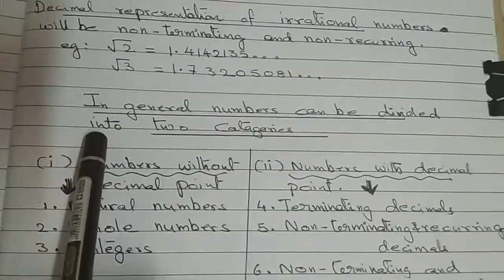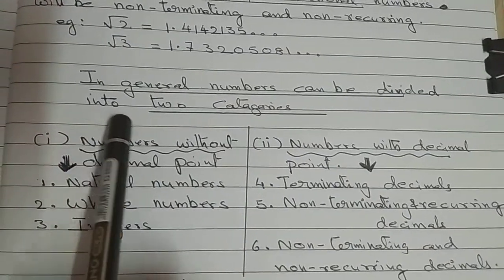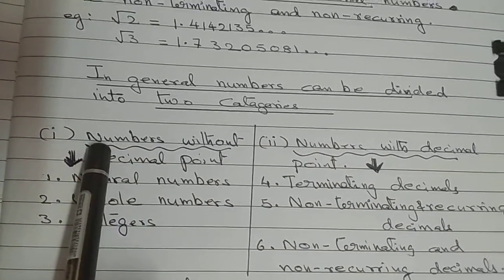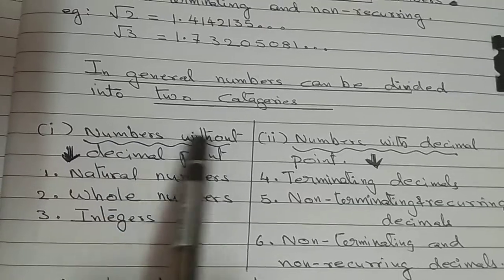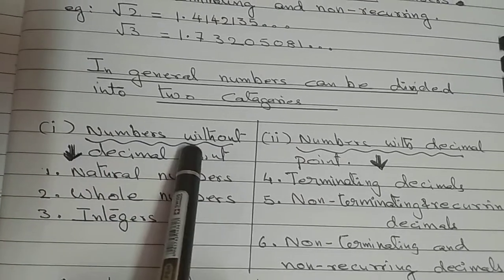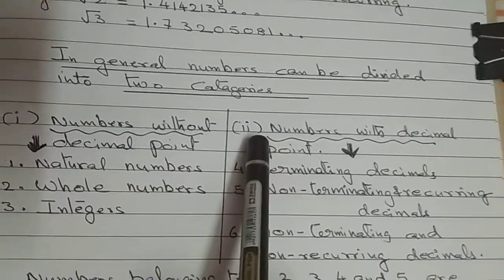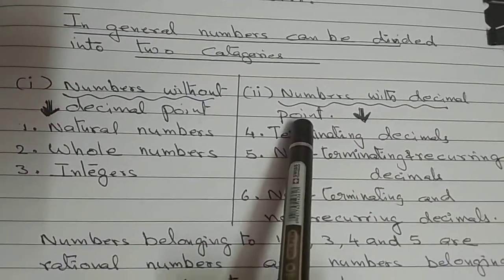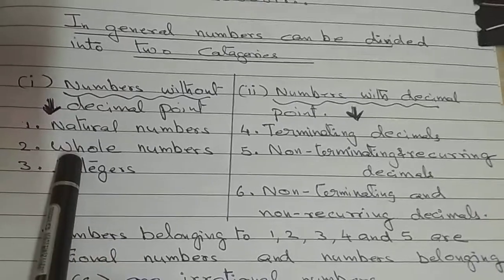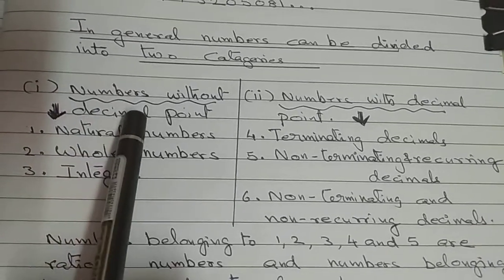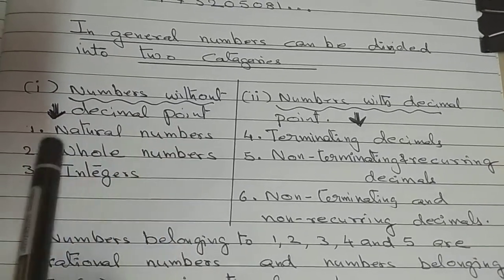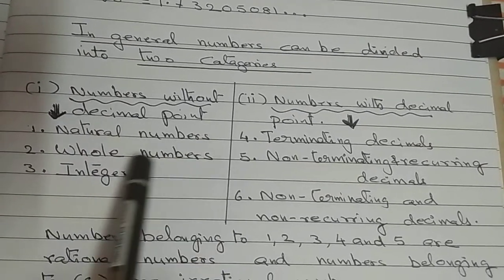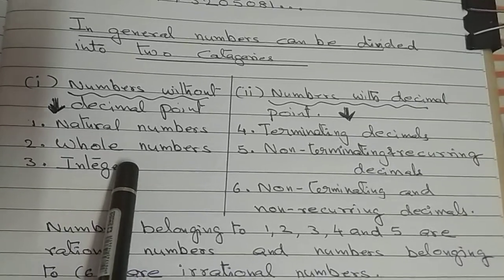And in general, numbers can be divided into two categories. First category, numbers without decimal point, and the second category, numbers with decimal point. In the first category, numbers without decimal point: natural numbers, whole numbers and integers.